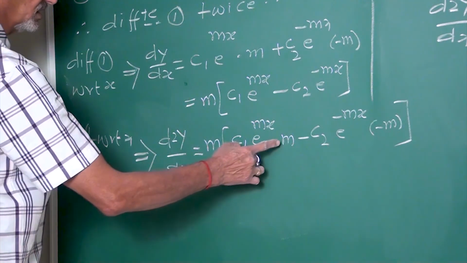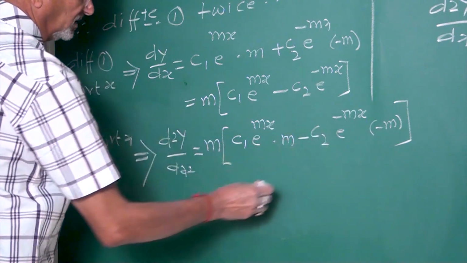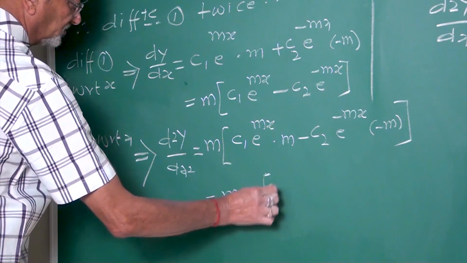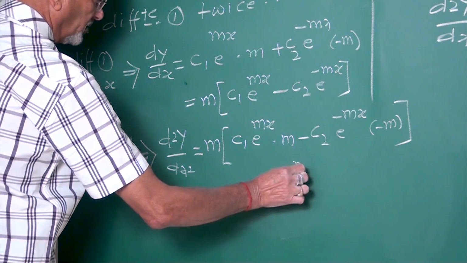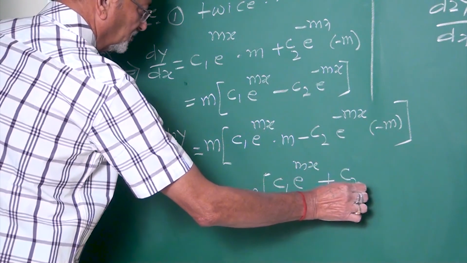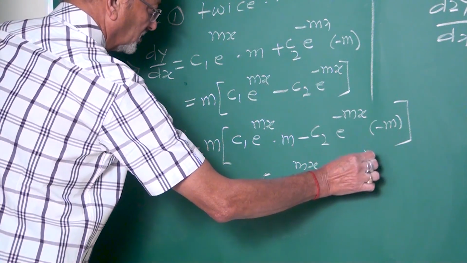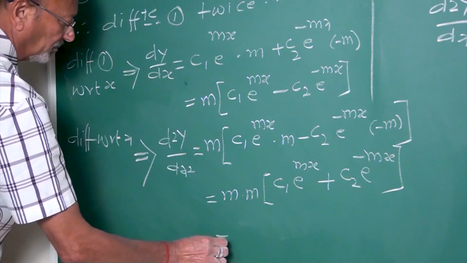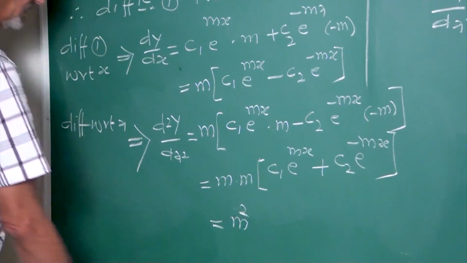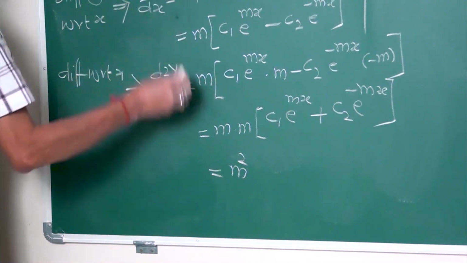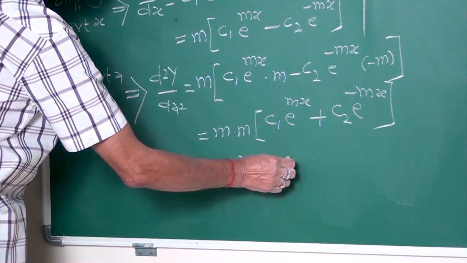Again this m is common. This is C1 e to the power mx, minus with this minus is plus C2 e to the power minus mx. m into m, m square. What is the value of this bracket? By 1 it is y.